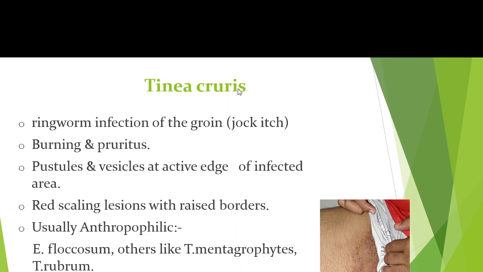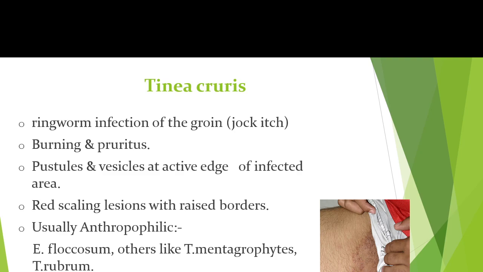Tinea cruris is a tinea involving the crura of the body. الكرورة هي المثاني، يعني ممكن يكون in the axilla as well as in between the thighs. So they are well circumscribed lesions, and they are burning and pruritic because of wetness of the area.